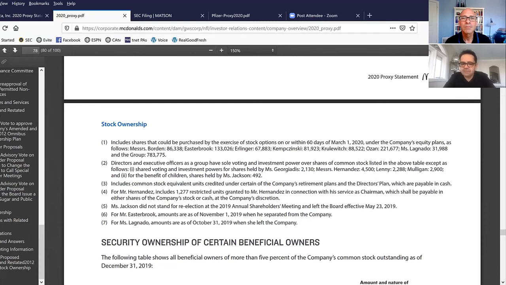But as the focus of the proxy statement has really shifted towards a compensation disclosure document, I found all the other corporate information, other than governance, has gone towards the back of the document. And that's where we currently put the beneficial ownership table, towards the back of the document. Yeah, that's where it is in these two examples we've seen.